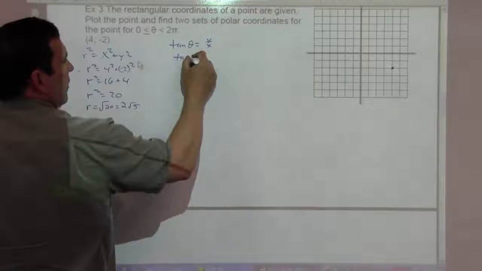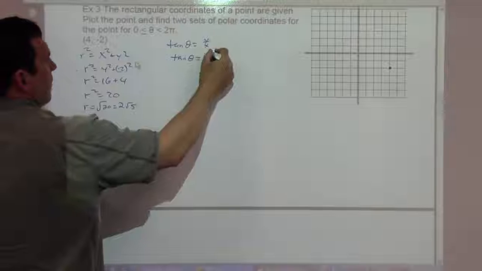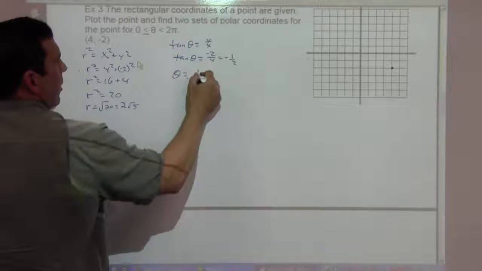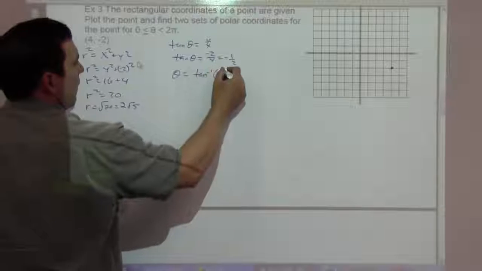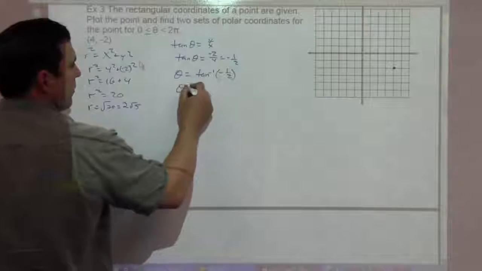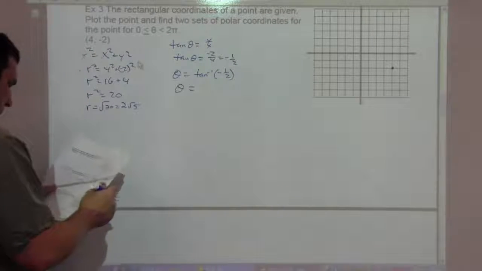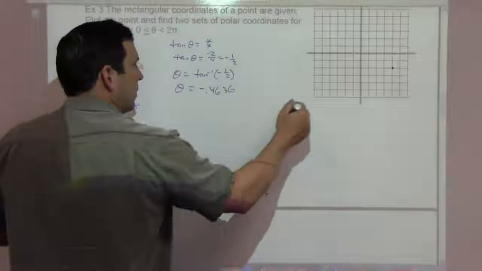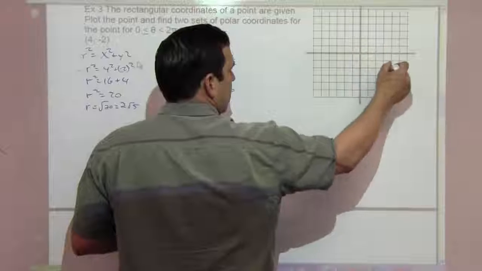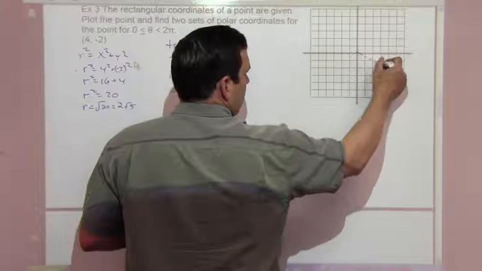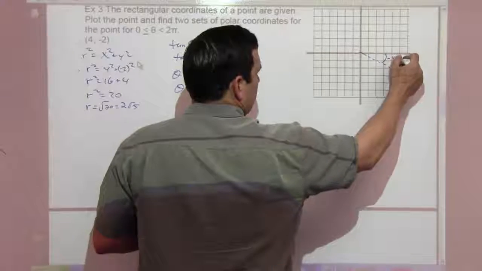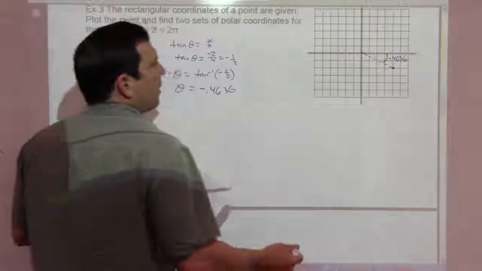So tangent of theta is going to be negative 2 over 4, which is negative 1/2. So theta is going to be arctangent of negative 1/2. And that's going to give us negative 0.4636. So that's saying that this angle here is negative 0.4636.